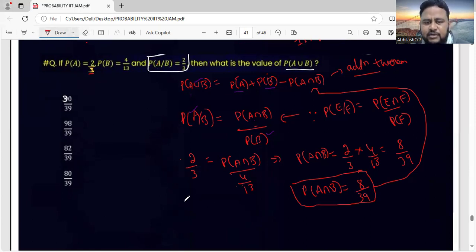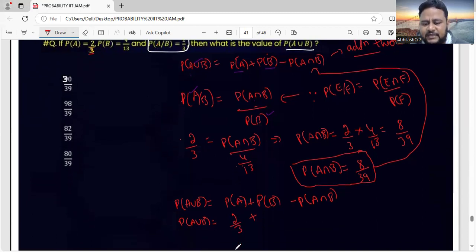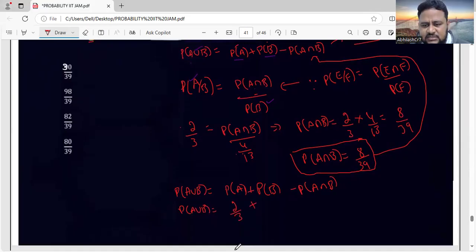Probability of A union B is equal to probability of A plus probability of B minus probability of A intersection B. Probability of A union B we have to find out. Probability of A is 2 by 3. Probability of B is given as 4 by 13.